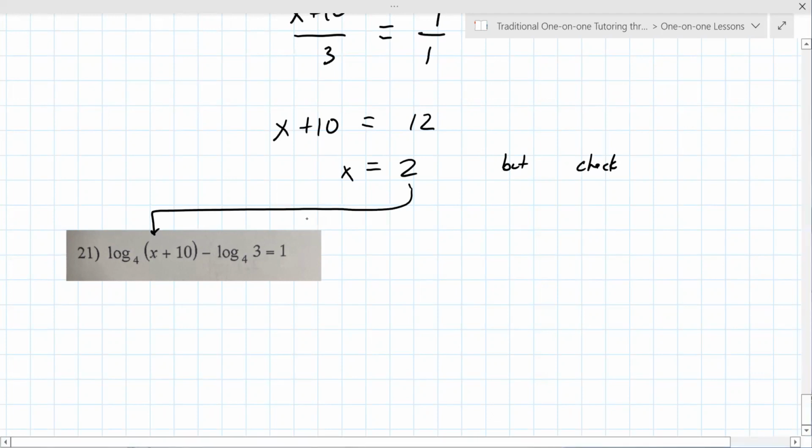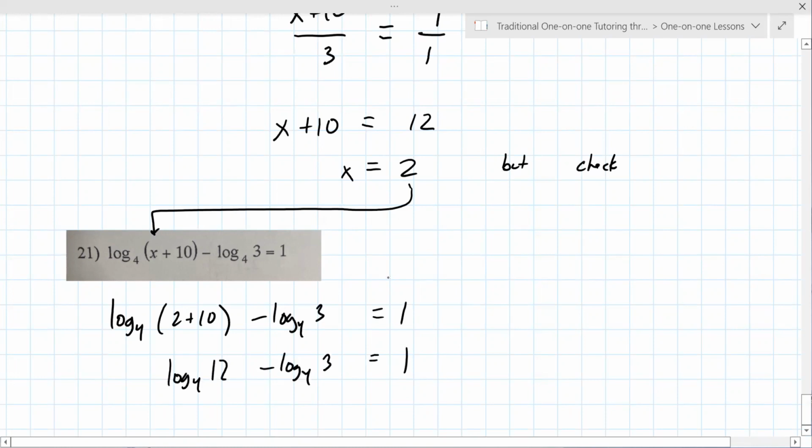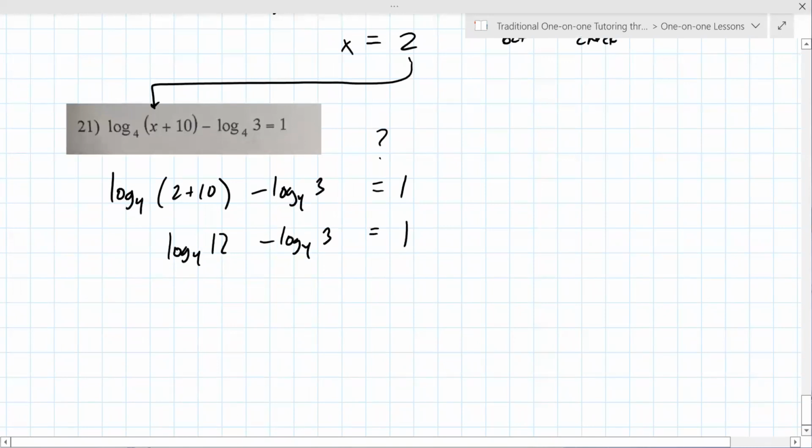So it's log base 4 of 2 plus 10, minus log base 4 of 3. So this is log base 4 of 12 minus log base 4 of 3. And you're supposed to decide if that equals 1.